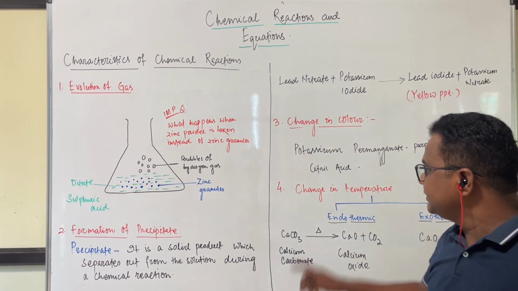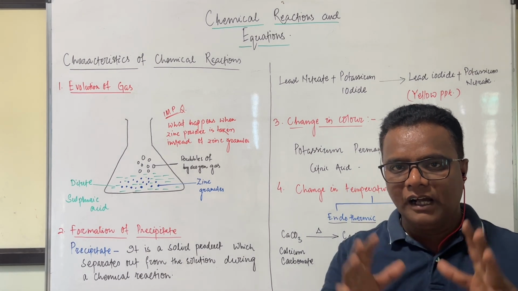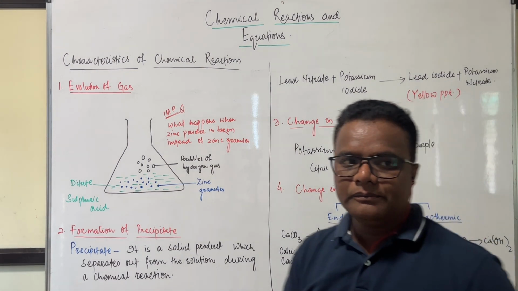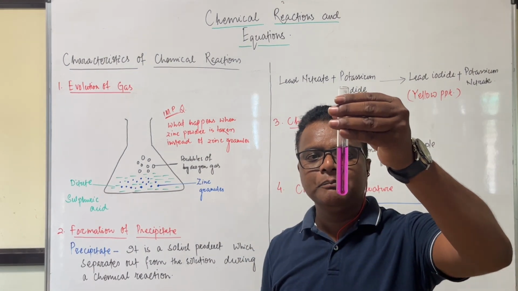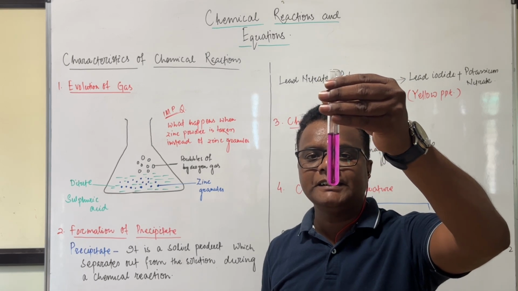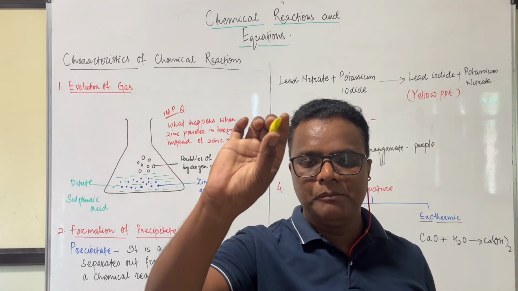Next one is change in color. In order to demonstrate this, I will show you an activity. I have taken potassium permanganate in a test tube, and the color of this potassium permanganate is purple color. Now I have also taken some piece of lemon.